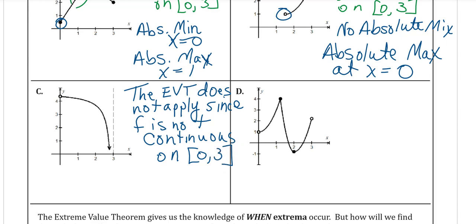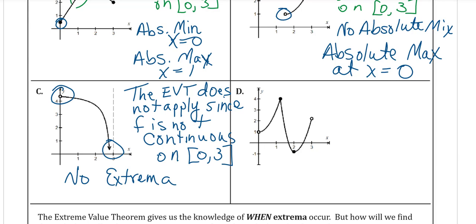So what's happening here? In this case, we have no extrema, because we're never going to have an absolute minimum, since the function continues to decrease. And the point where the absolute maximum should be has a hole, so we don't have that either.